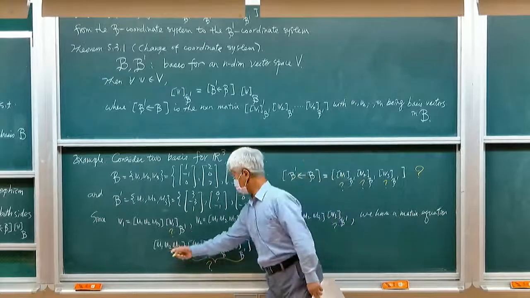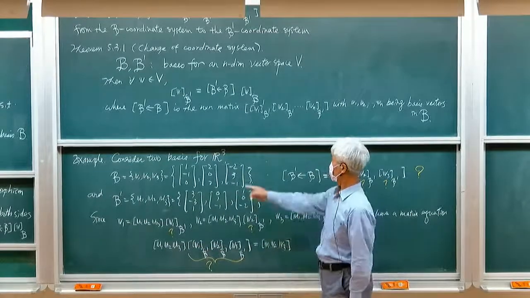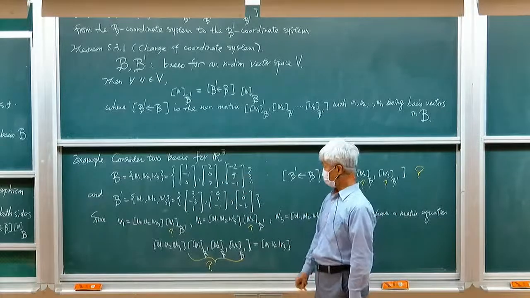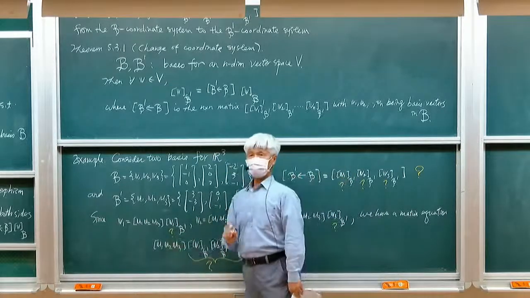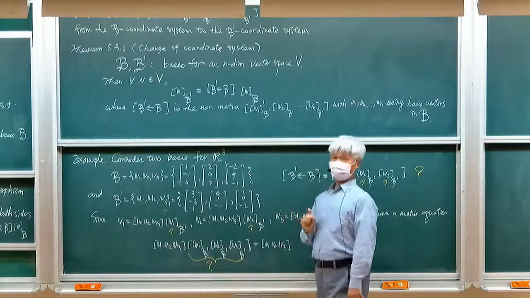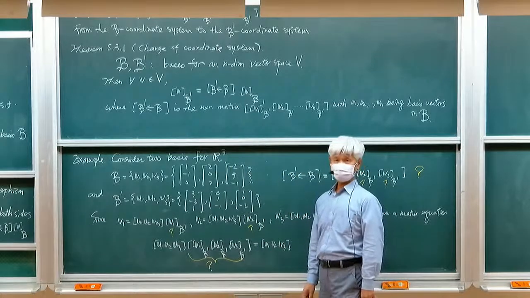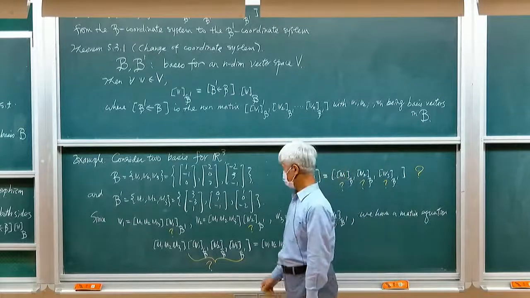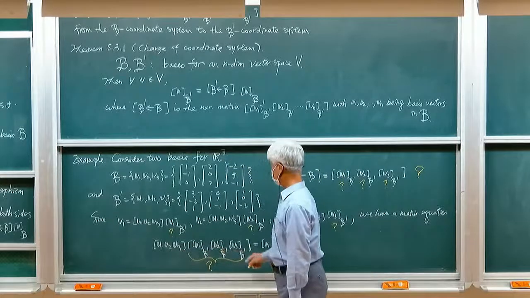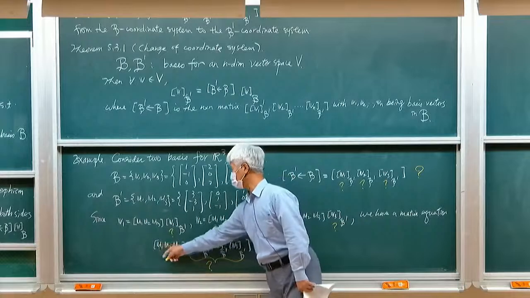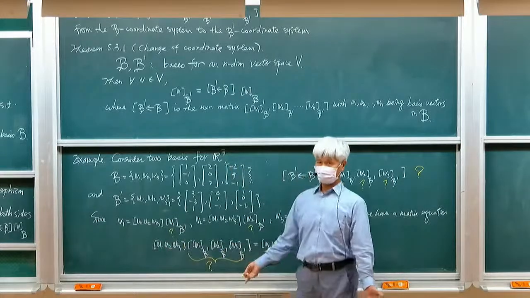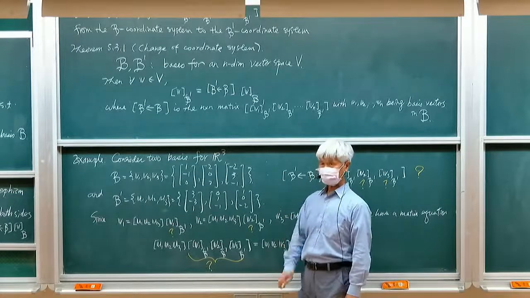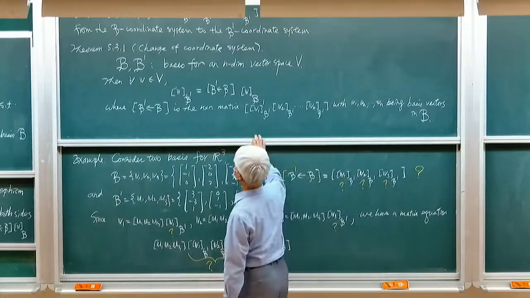But these two matrices are known because they are given here, and we are sure that this is an invertible matrix and this is also invertible. So you can take the inverse, and of course you should have a solution. But we don't do that. We will use Gauss-Jordan elimination, right?